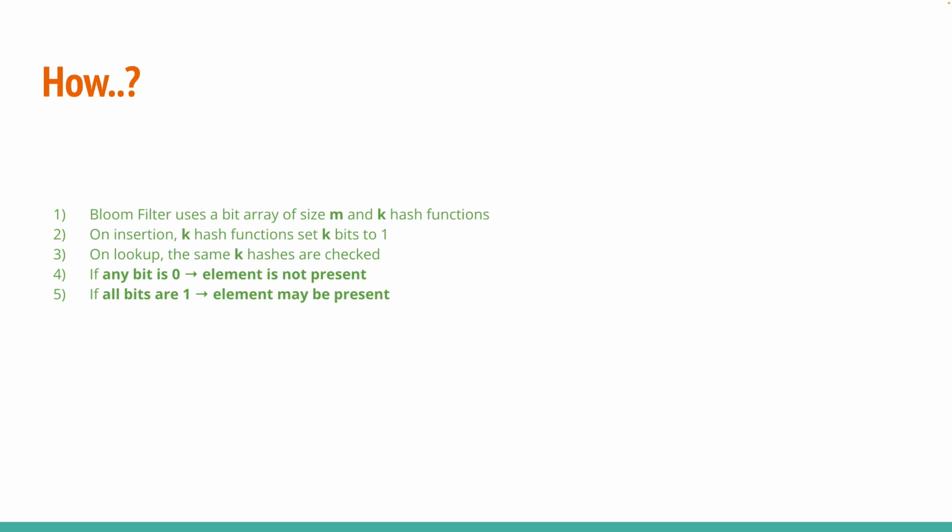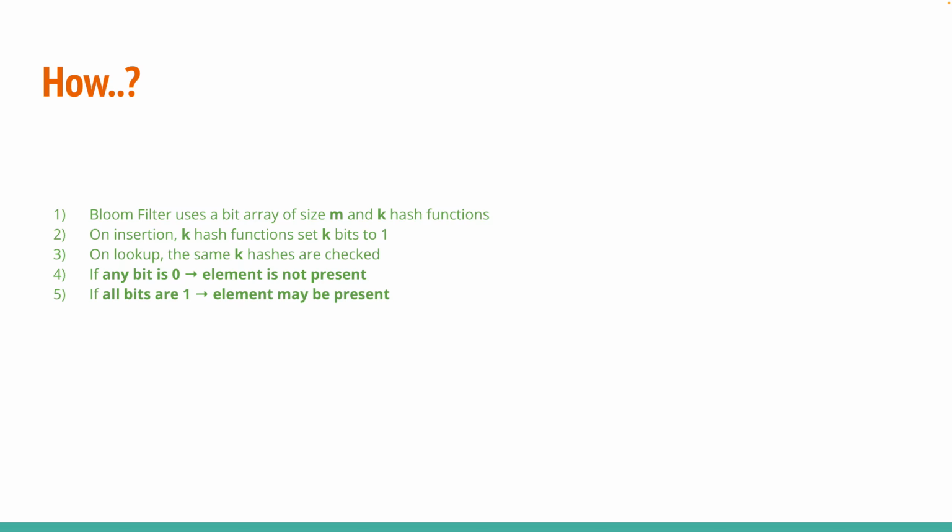The Bloom filter checks across all these k hash functions. If all k hashes come back with 1, it means that the element might be present. Again, might be present. That's a very important thing to understand. It's not 100% accurate.